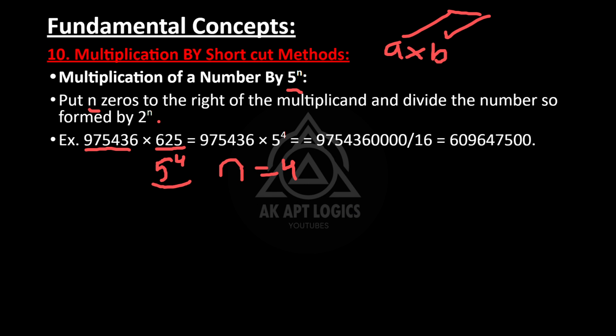You add 4 zeros to the right side of the other number, the other multiplicand. Why are we going to add 4 zeros? Because 625 we can represent as 5 power 4, which means the power is 4. So we have to add 4 zeros to the other multiplicand.